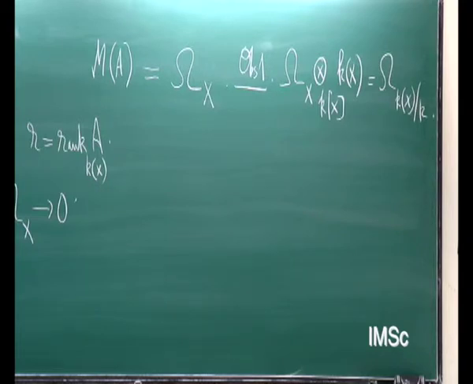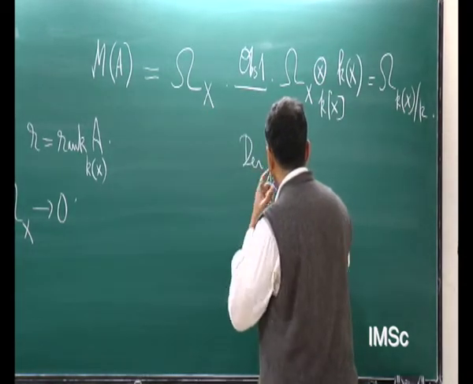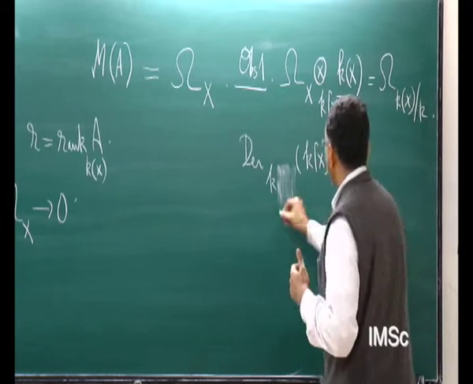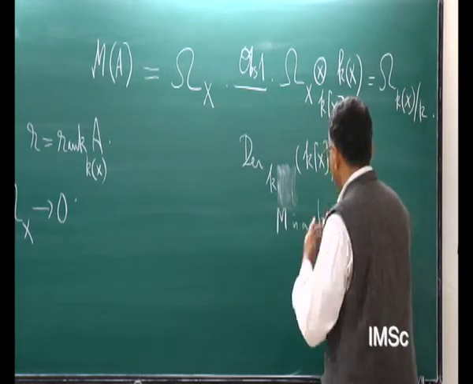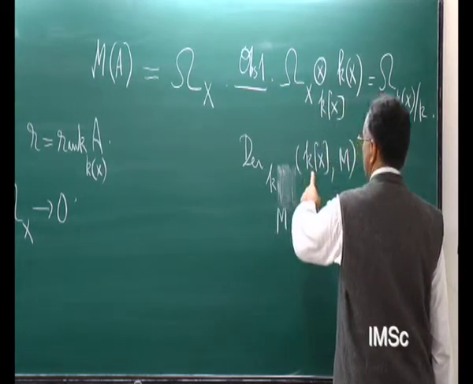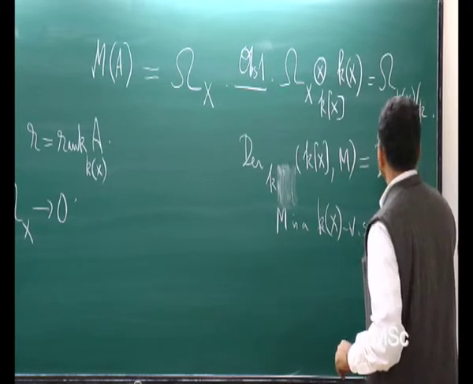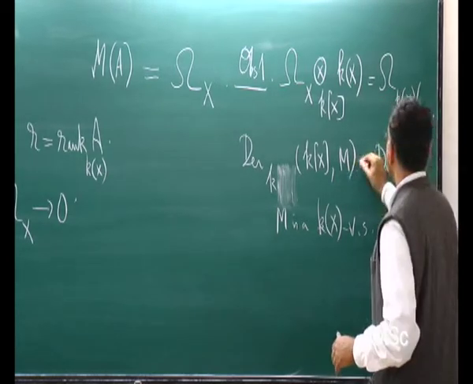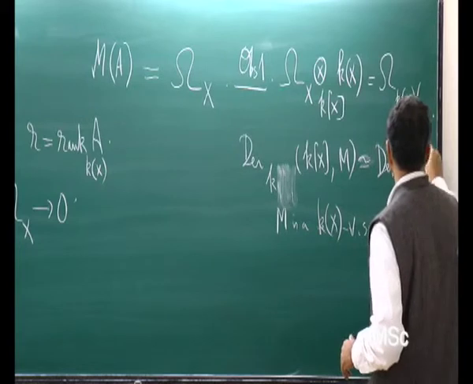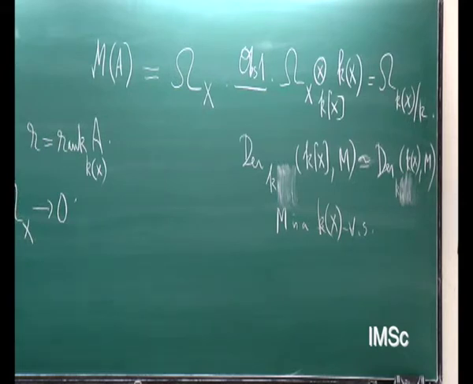So it amounts to saying derivations: if I am given M, a kx vector space, and I look at k-derivations of kx into M, that's the same as, I'm writing equality, but maybe I should write isomorphism, kx-derivations from kx to, sorry, k-derivations from kx to M. Right, that's an elementary thing using this quotient.